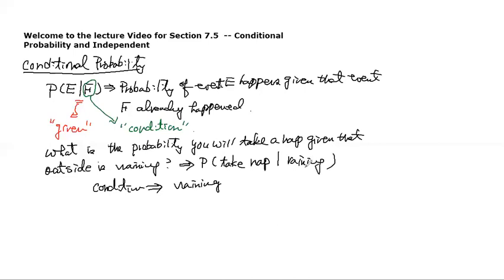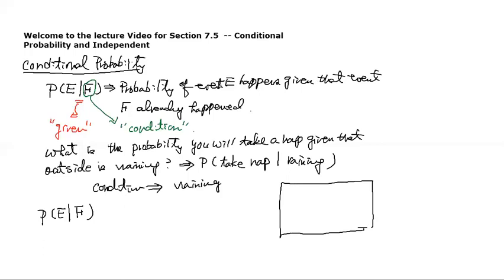That's what we call conditional probability. Right now, I'm going to write out the formula for the probability of E given F, and I think it will make sense if you take a look.